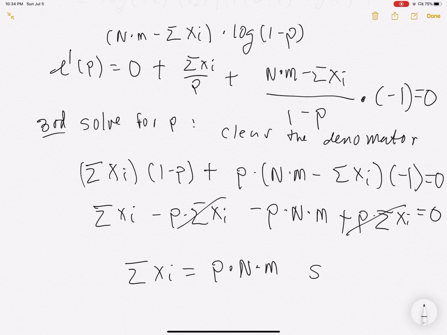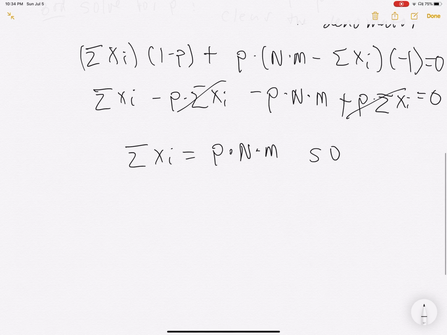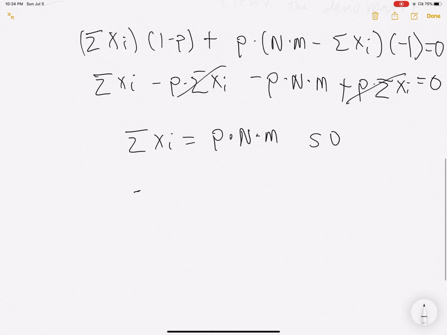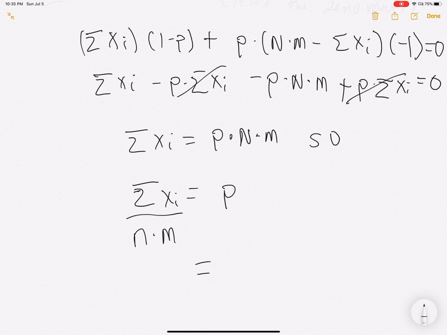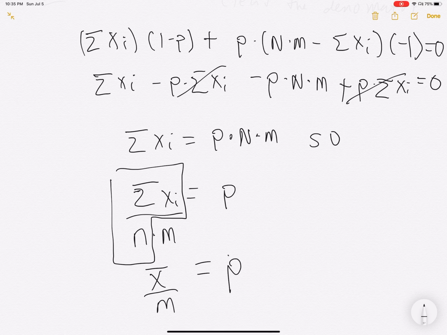And so I can solve for the unknown parameter p, and we'll get that p is equal to the summation of x sub i divided by n times m. And that's the same estimator that we got before, because if I look at this piece, that's x bar divided by n, and that's p hat. This is our estimator.